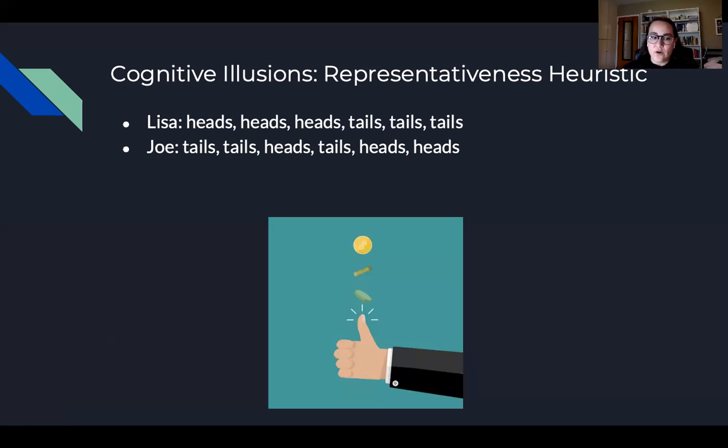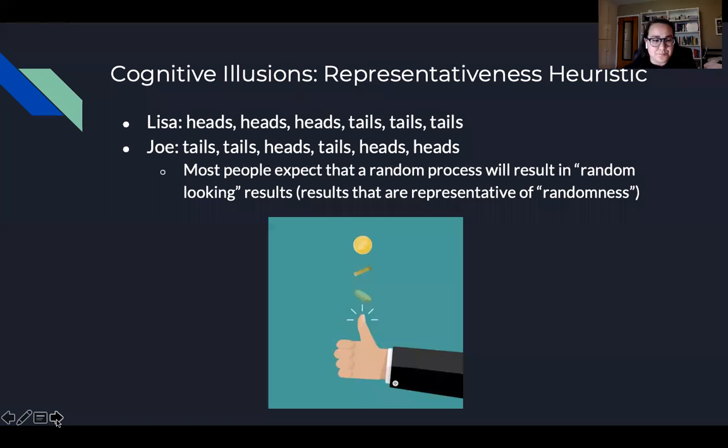But if you were just to go with your intuition, which is what a lot of people tend to go with when they're first trying to make a decision in this kind of scenario, most people will say that it looks like Joe's sequence of flipping is more statistically probable. This is because the sequence Joe got has less of a pattern to it.